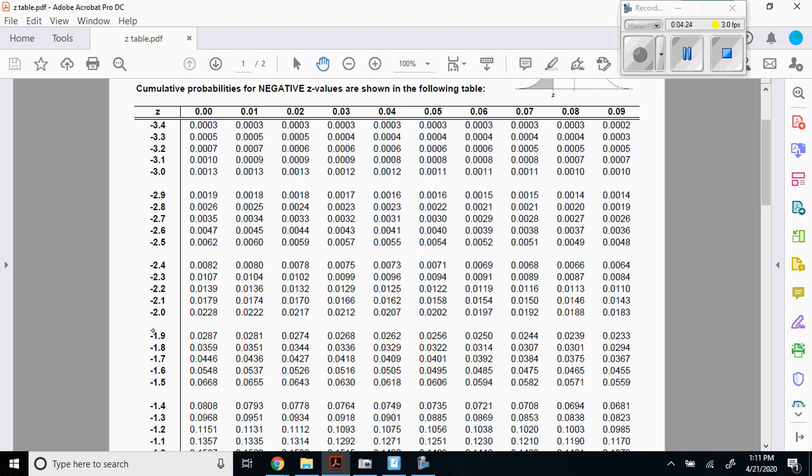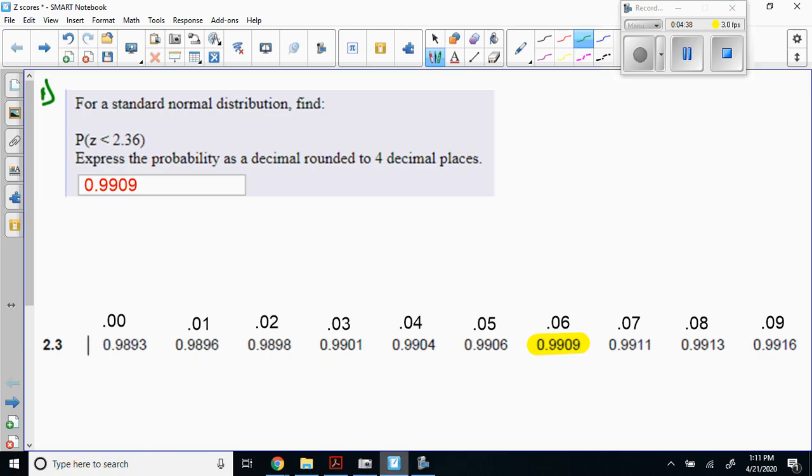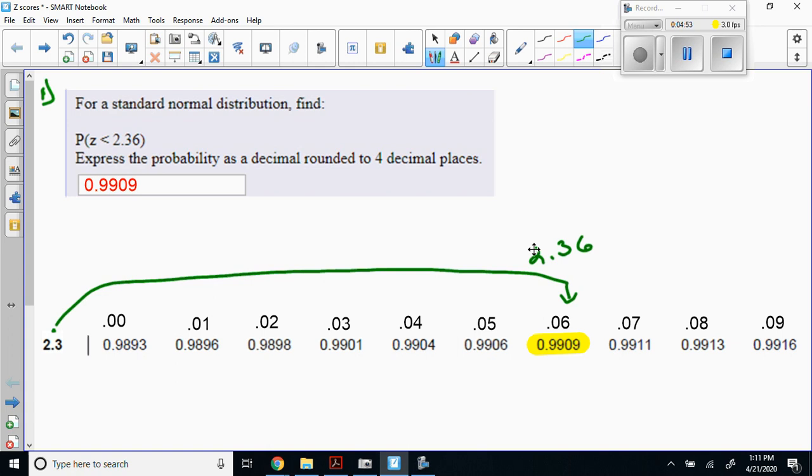So you find the number up to the tenths place, and whether it's positive or negative, and then you go over and find the hundredths, and that's how you do that. That's what I showed here. I just wrote it above it. You went to the positive 2.3, and then you have to go to the 6 because that represents 2.36.